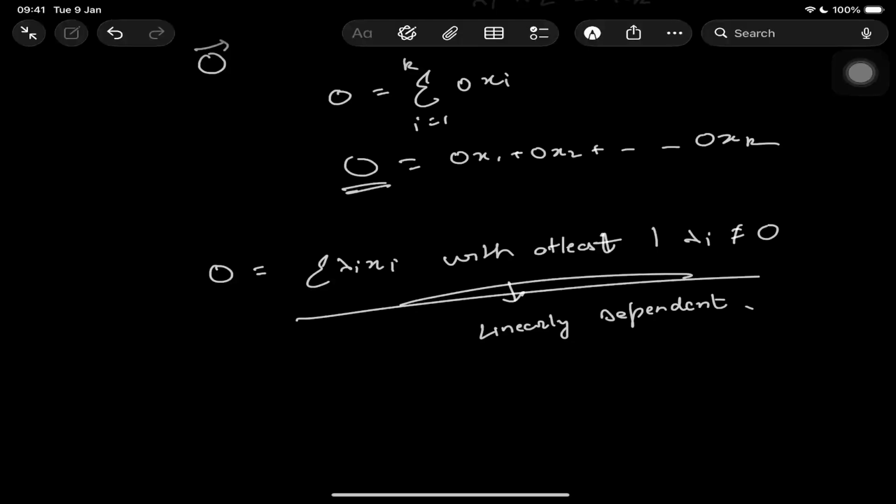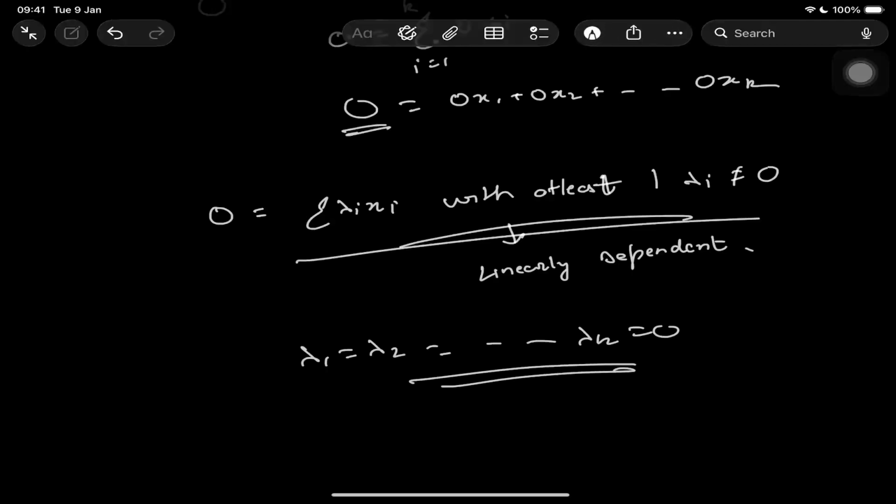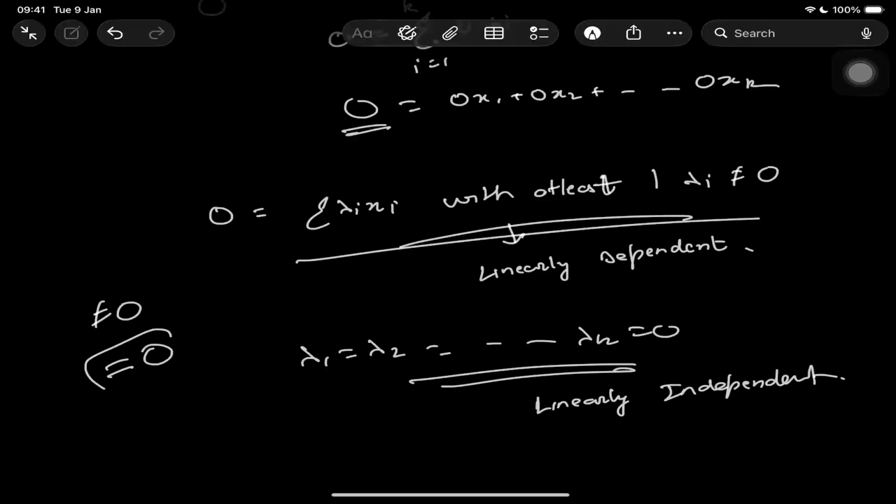And if we get only the trivial solution, that is lambda 1 equals lambda 2 equals lambda k equals all zeros, then we call it linearly independent. So if you want to call something linearly dependent, at least one of the lambdas must be not equal to 0, and if we are calling something linearly independent, all lambdas are 0. This is for linearly independent, and this is for linearly dependent.